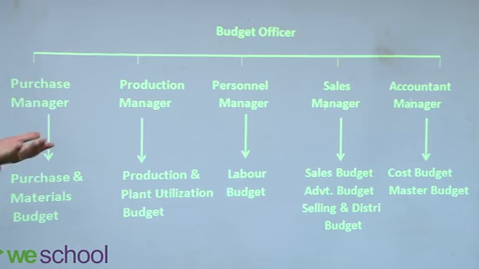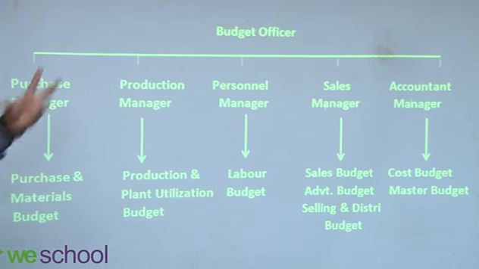The more you spend on advertisement, the more sales will increase. If you don't advertise, you may suffer to some extent in the sale of goods. The selling and distribution budget is also made by the sales manager.